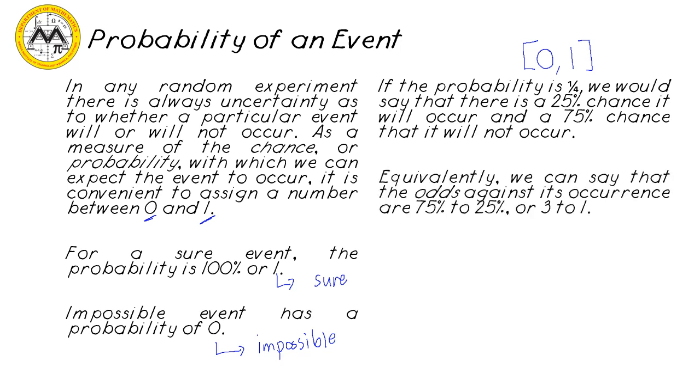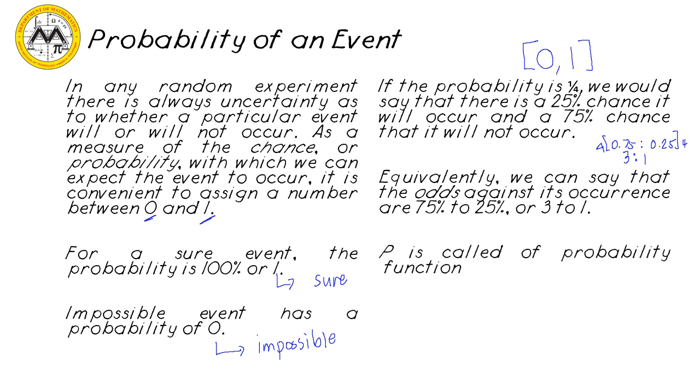And if we are going to have the odds ratio, equivalently, we can say that the odds against its occurrence are 75% to 25%. So 0.75 is to 0.25. We can multiply both by 4. So this is 3 is to 1.